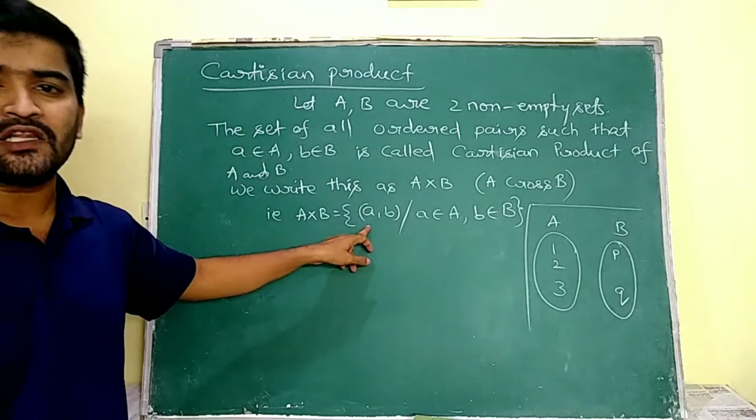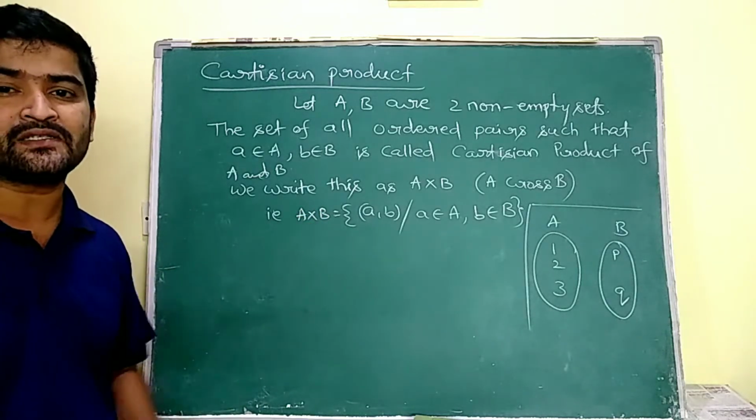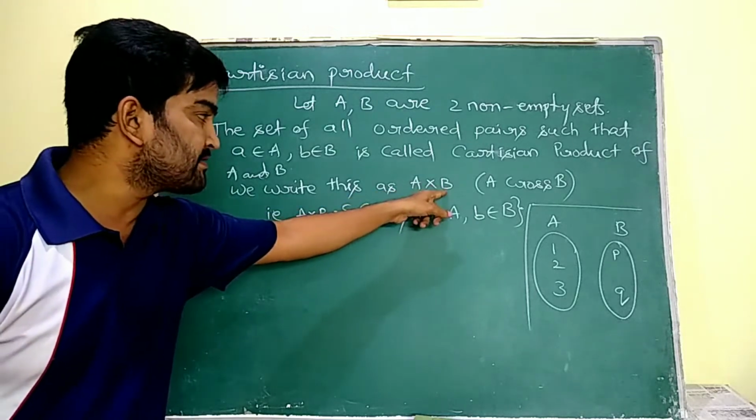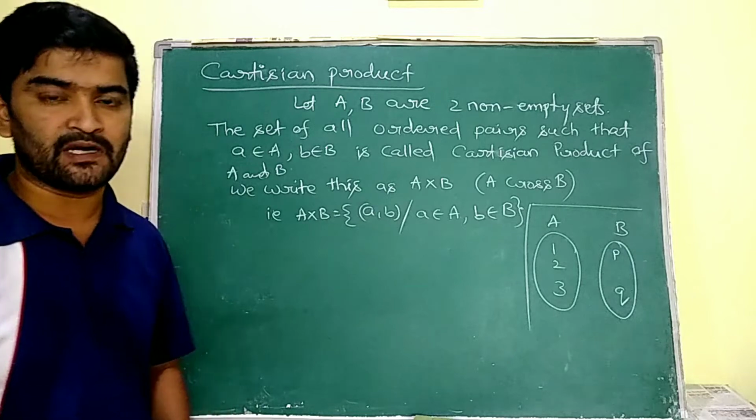We write all the possible ordered pairs into this set. That special set is known as the Cartesian product of A, B, represented as A cross B, A into B, and pronounced as A cross B.